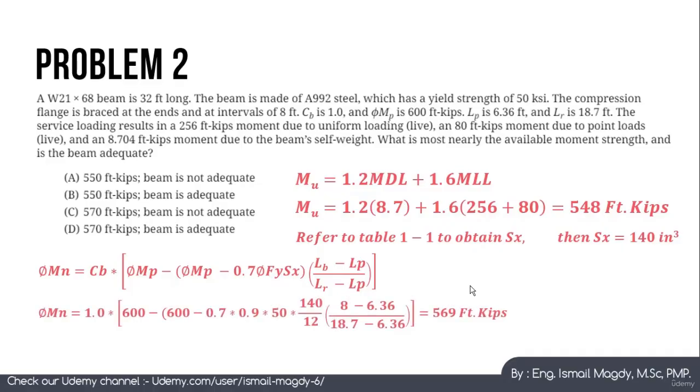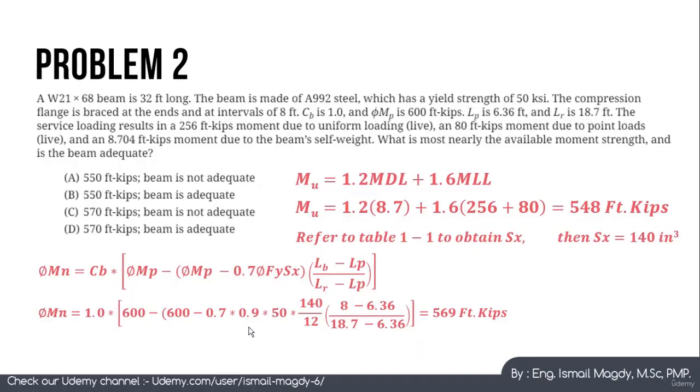Phi Mp is given as 600 minus 0.7, phi equals 0.9, Fy is 50 and Sx equals 140 divided by 12 because this is in inches, and we are going to use the feet unit for the Lb and the Lp. This is multiplied by 8 minus 6.36 over 18.7 minus 6.36.